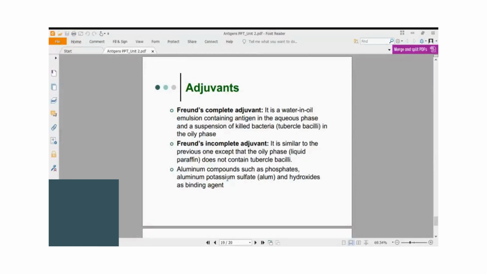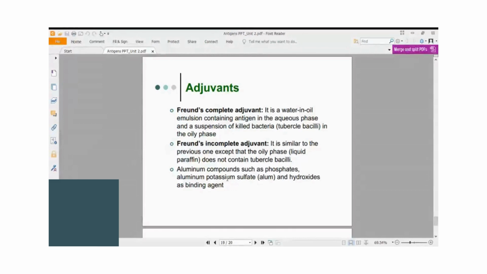The particles are insoluble in aqueous phase. Since they are insoluble in aqueous phase, those particles can be coated because they are charged. They can be coated with the antigen of your choice.